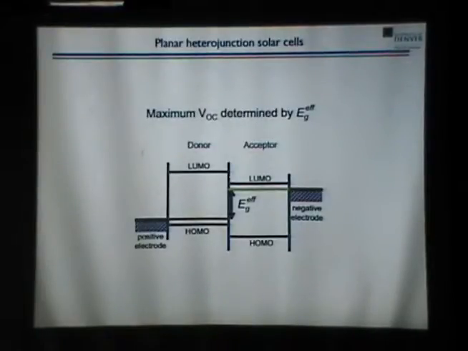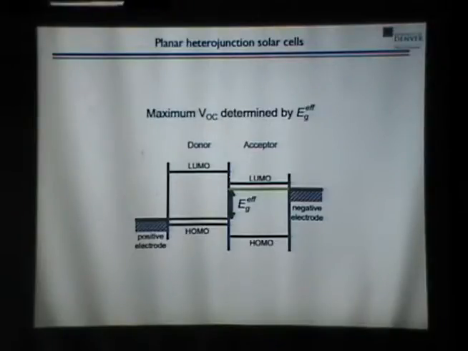So if we sort of draw the diagram as we separate the two materials, here's the donor, here's the acceptor, and then we can define this difference between the two as the effective band gap of the system. Normally if I give you one material, you can say what is the band gap. For silicon, it's 1.1 electron volts.